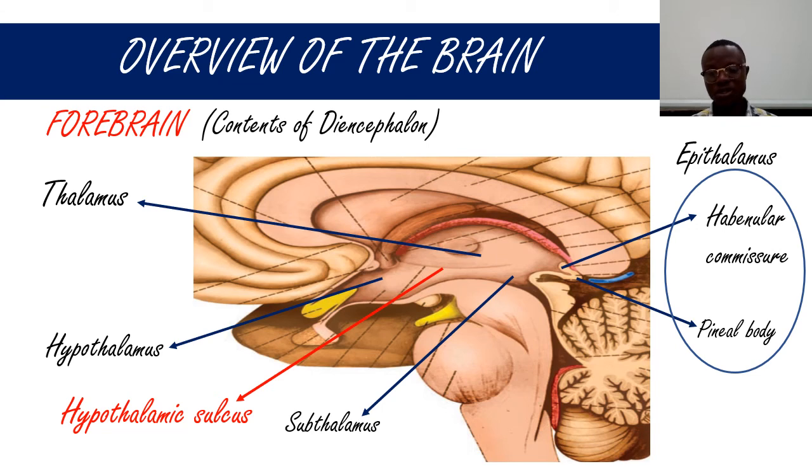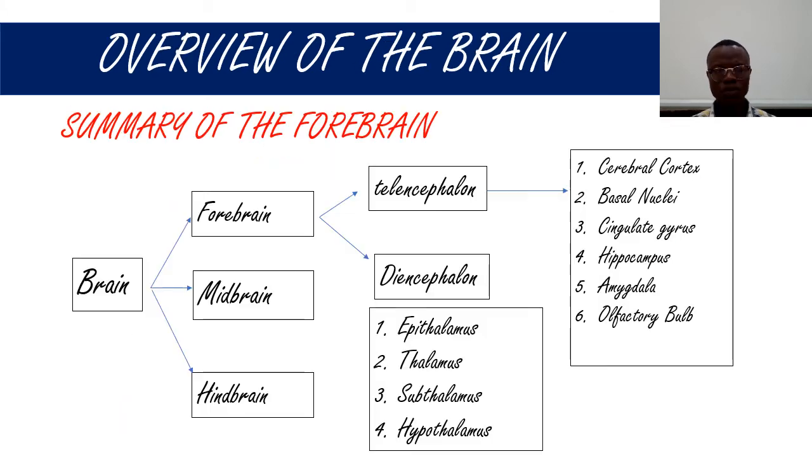So all of the structures that we are looking at here on the medial surface of this right cerebral hemisphere are also found on the medial surface of the left cerebral hemisphere. I just thought to point that out.